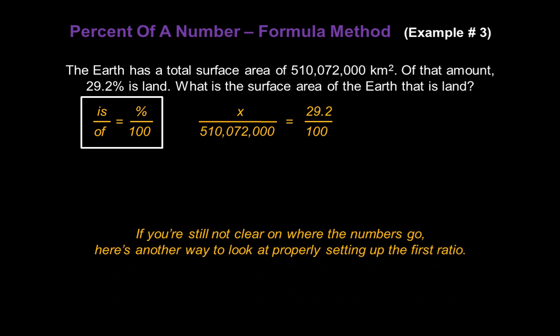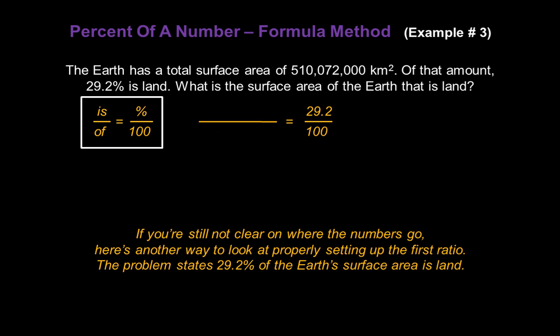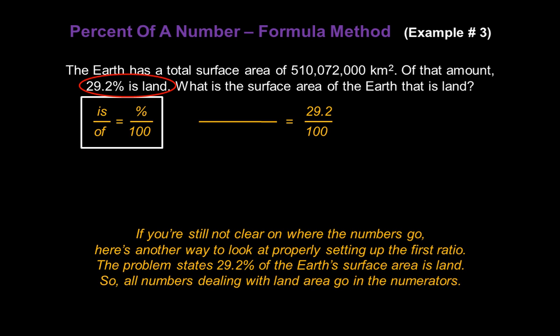Now, if you're still not clear on where the numbers go, here's another way to look at properly setting up the ratio. Let me go ahead and erase those numbers and try rewriting it again. The problem states 29.2% of the Earth's surface area is land. So all numbers dealing with land go in the numerators. Our 29.2 is in the numerator of the second ratio, so all land figures are going to go in the numerator of our first ratio.